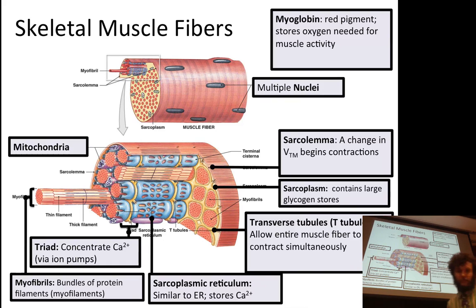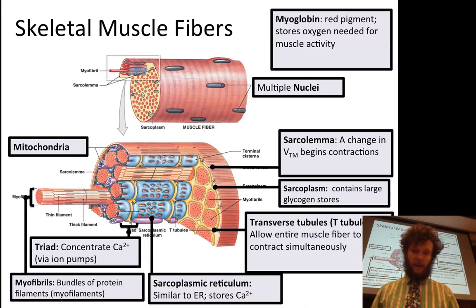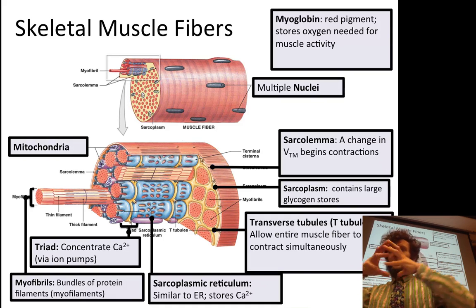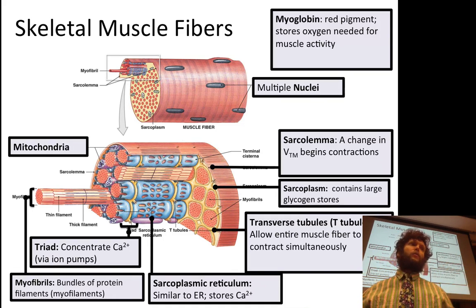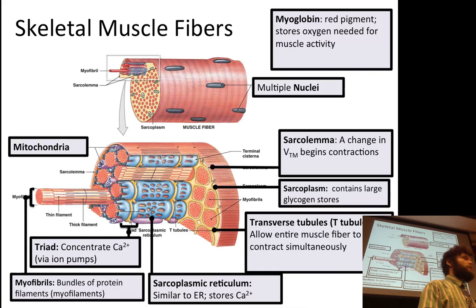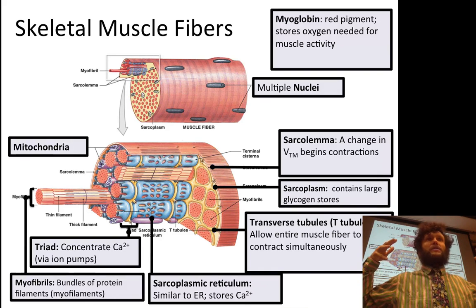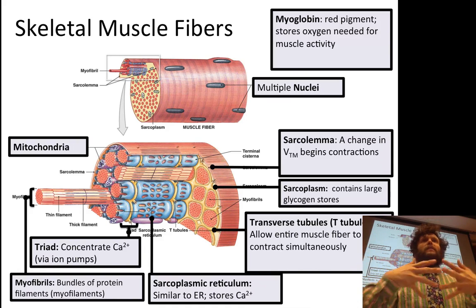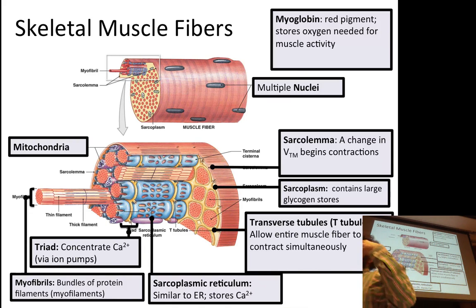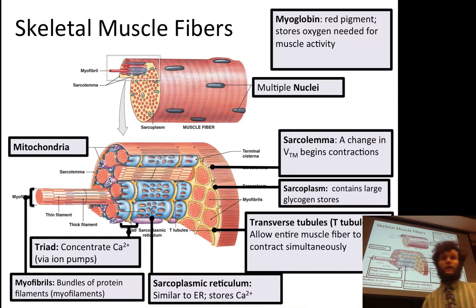So these transverse tubules allow the entirety of the volume of a muscle cell to go through contraction simultaneously without having to have some sort of signaling cascade penetrate from the surface of the cell down into the interior. So really what it does is it increases the surface area to volume ratio of one of these cells, all right?